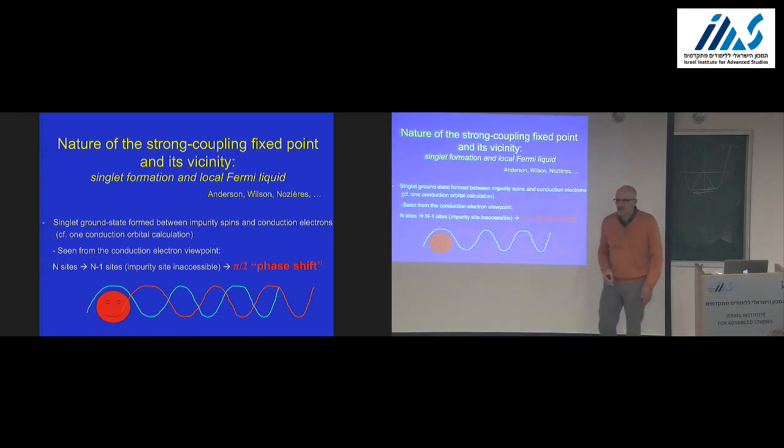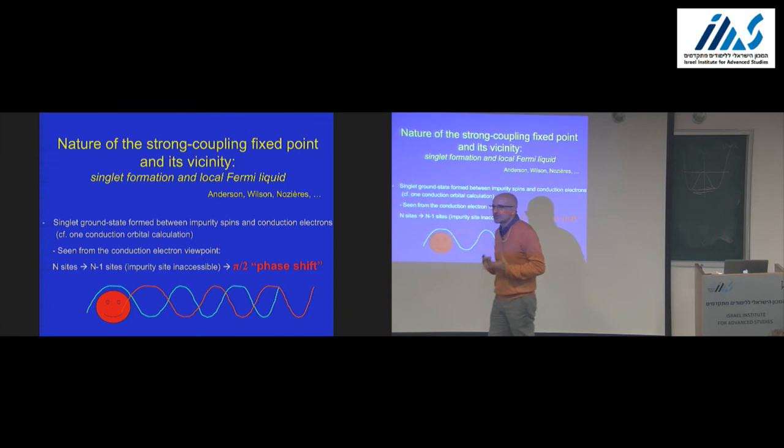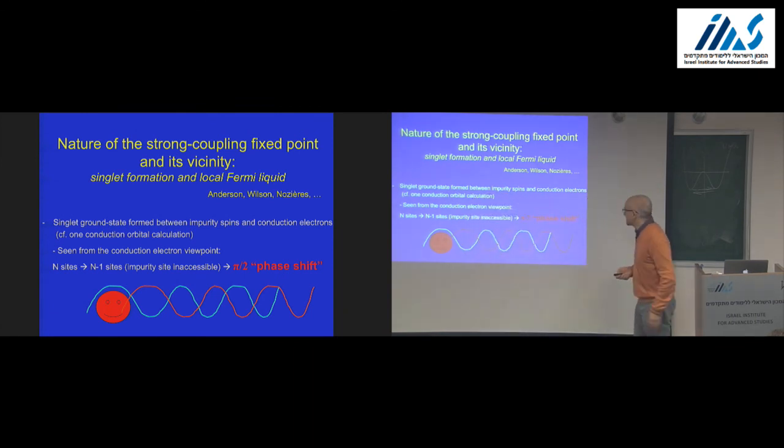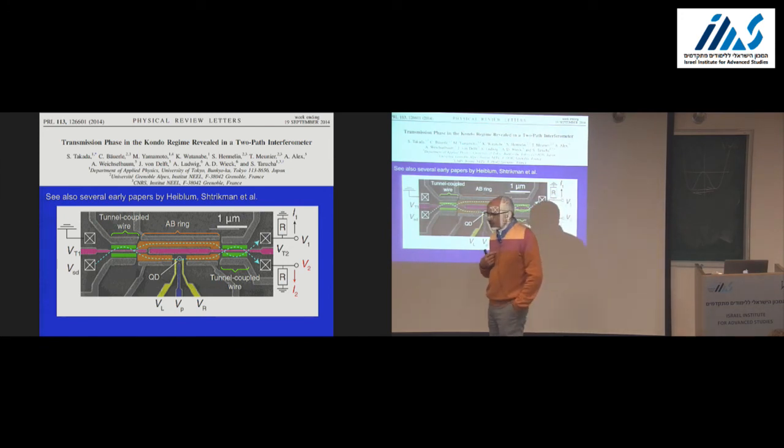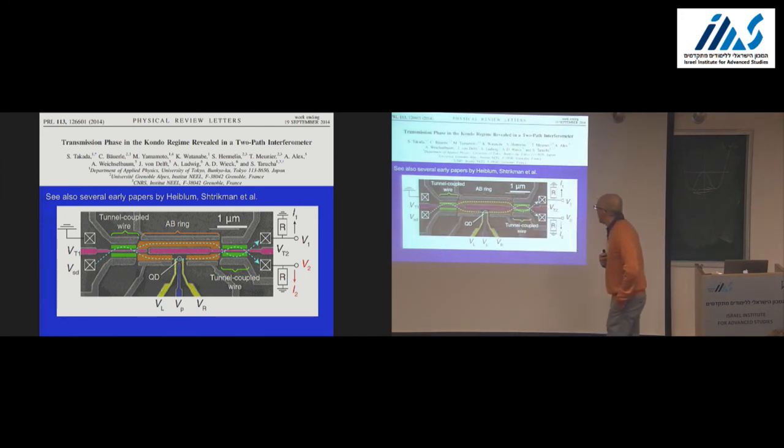So you can ask, in this relatively more modern setup of a quantum dot, has this been observed? This was attempted in Israel by the groups of Heiblum and Strikman and others, early after the Goldhaber-Gordon et al. paper.